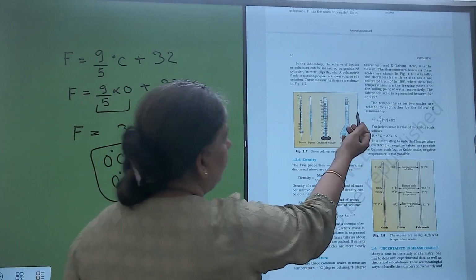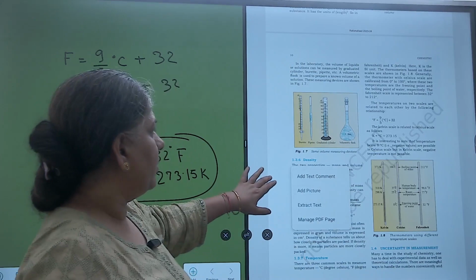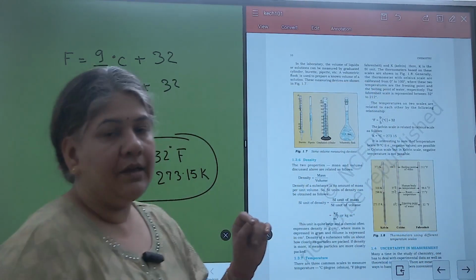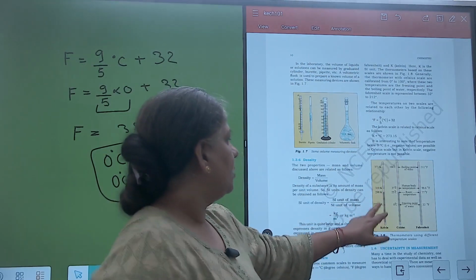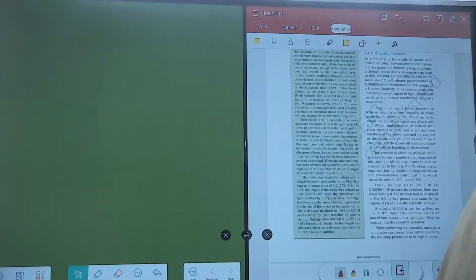These two formulas must be clear and you must remember them for conversion. We do not write degree with Kelvin, as this is the scientific unit of measurement.